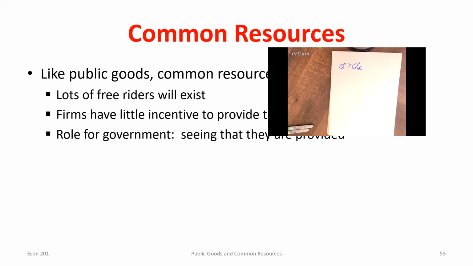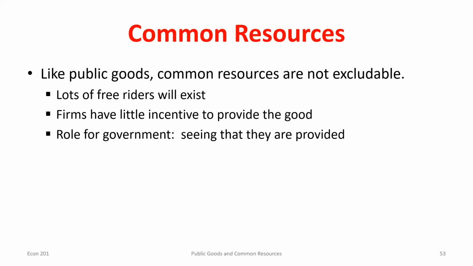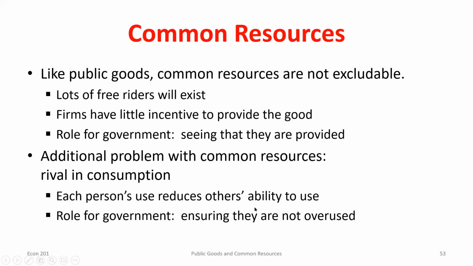So we need government to step in and maybe limit the use of this good. During wartime, for example, we didn't want people to use as many products that had rubber and things like that, so we gave quotas on how much someone could consume.